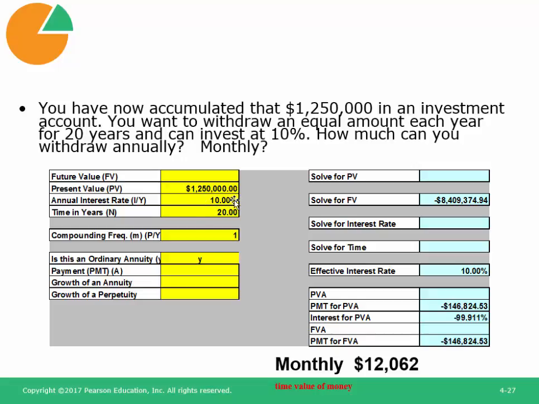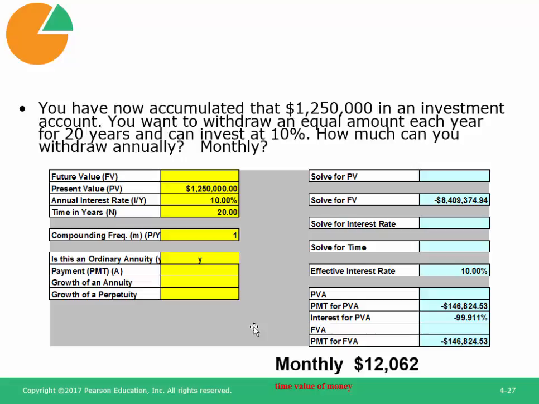When I invest that, the annual interest rate's 10% times 20 years. Compound frequency is 1. So in this case, I'd be able to withdraw $146,824 a year for the next 20 years after I get to retirement.